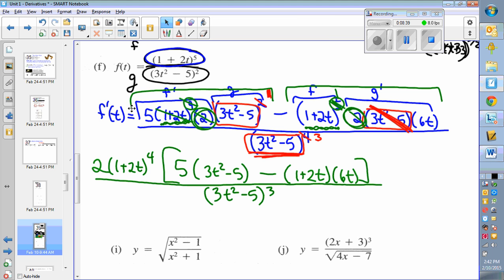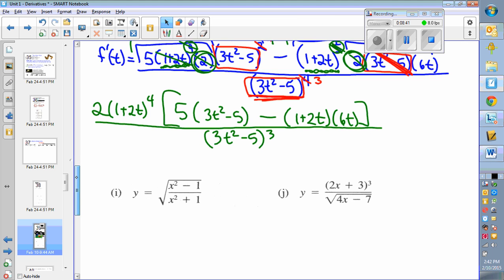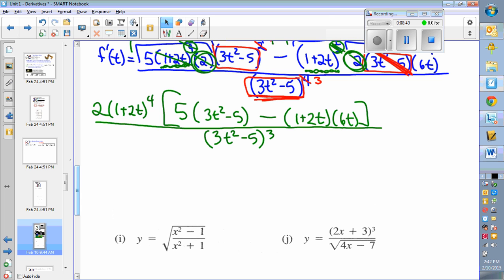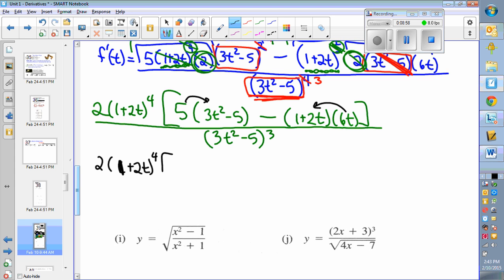Well, it's not so bad now because we've simplified. We've hauled so many large powers out and canceled others. We're just going to multiply the 5 in, multiply the 6t in, and cram that down. So 2 bracket 1 plus 2t to the 4th. Then you'll get 15t squared minus 25 minus 6t minus 12t squared.